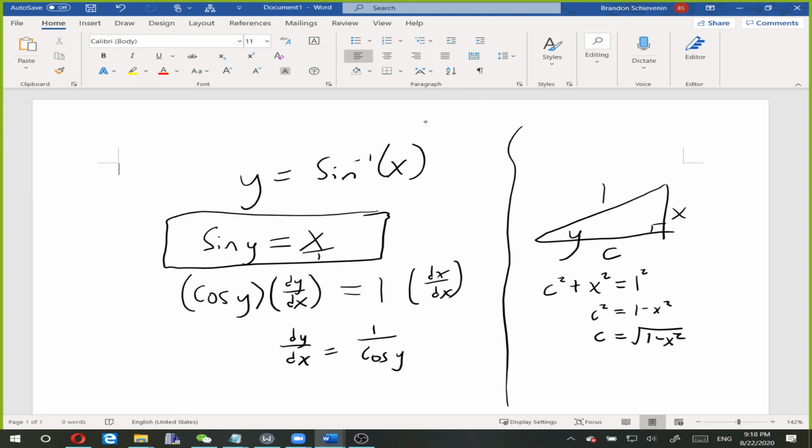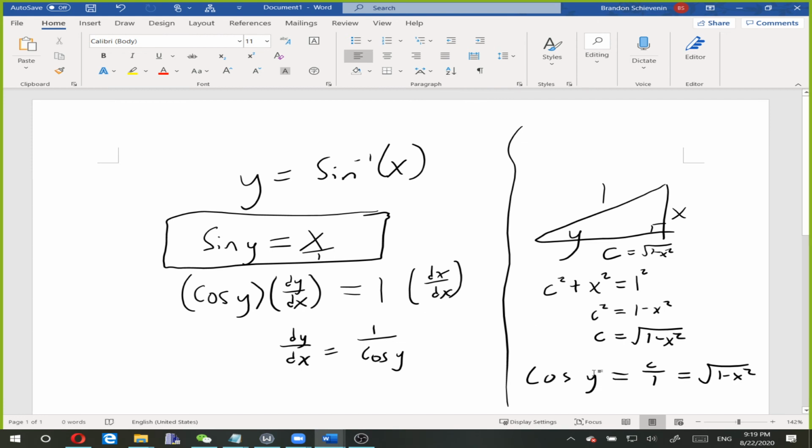Okay, so right now I have 1 divided by the cosine of y. Right now my cosine of angle y, based on my picture, if C is the square root of 1 minus x squared, my cosine of y should be equal to my adjacent divided by hypotenuse, right? So that would be my adjacent side, which is C, divided by 1, which would be equal to the square root of 1 minus x squared.